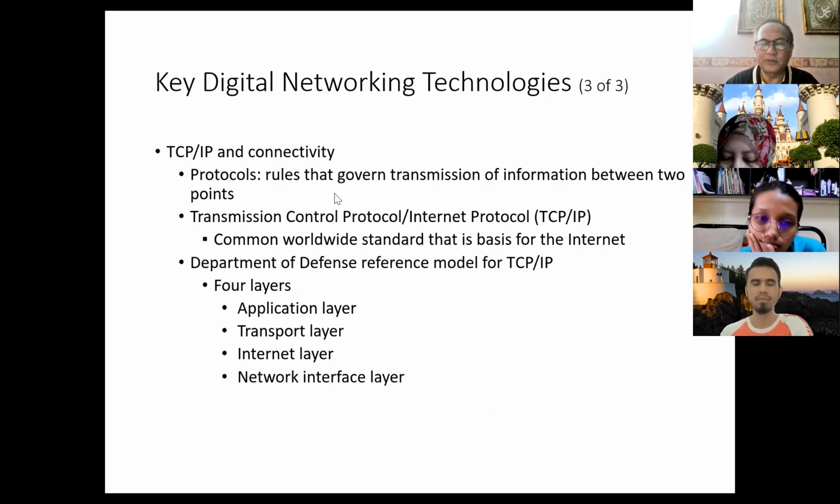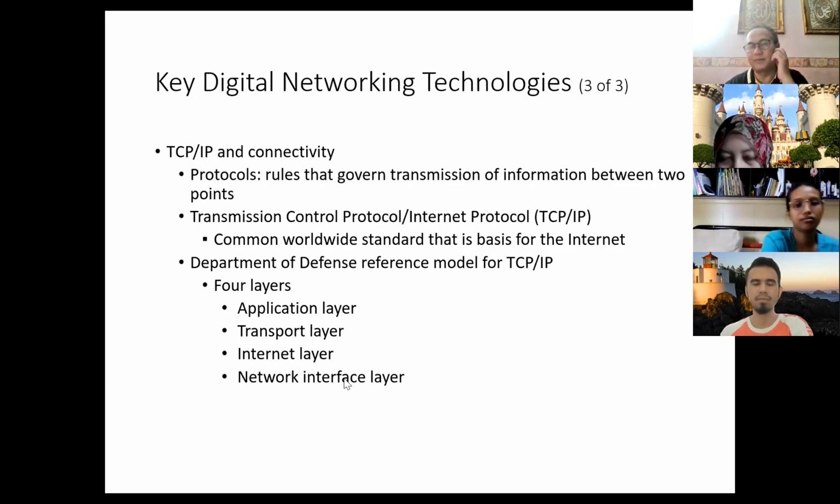So the protocol is the rules that govern transmission of information between two points. And the TCP/IP is the common worldwide standard that is the basis for the internet. The US Department of Defense created this TCP/IP based on four layers: application layer, transport layer, internet layer, network interface layer.